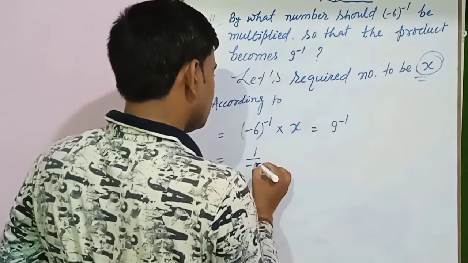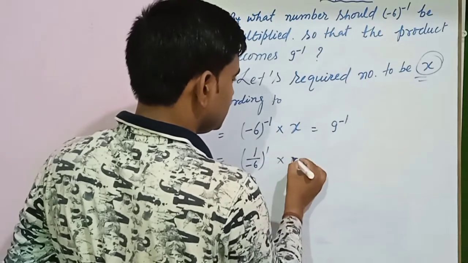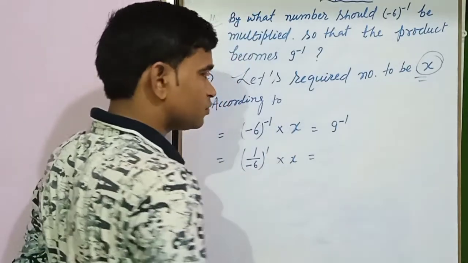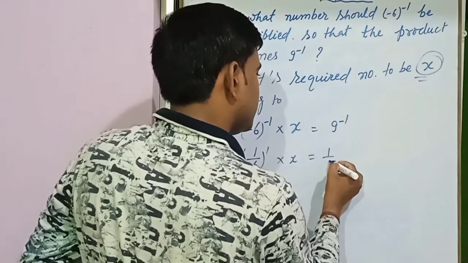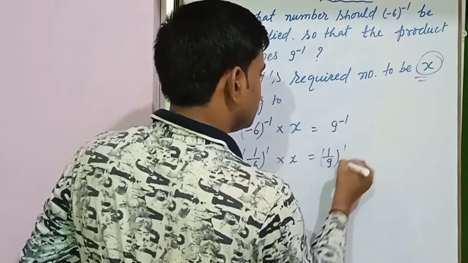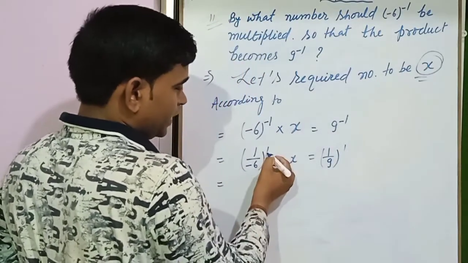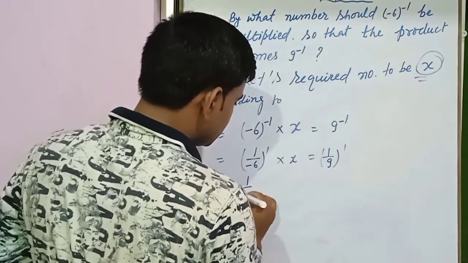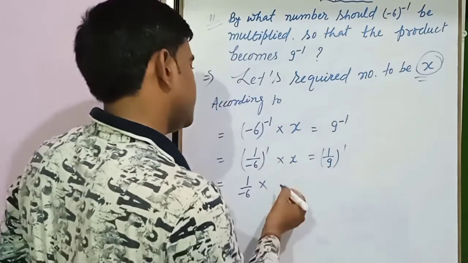So it will be 1 upon minus 6 raised to the power 1 multiplied by x is equal to 1 upon 9 raised to the power 1. When the exponent is 1, we get 1 upon minus 6 into x is equal to 1 upon 9.